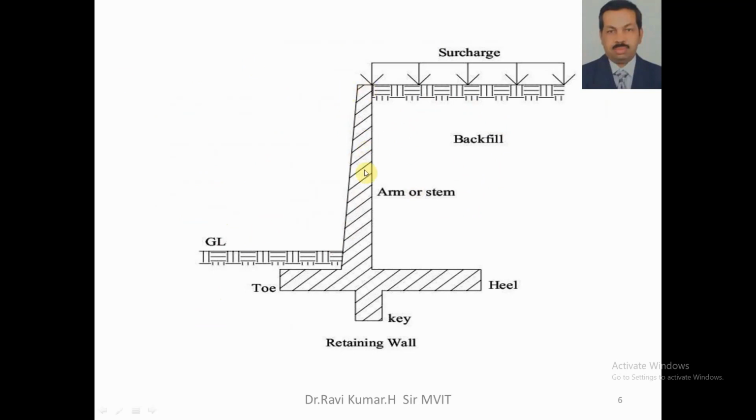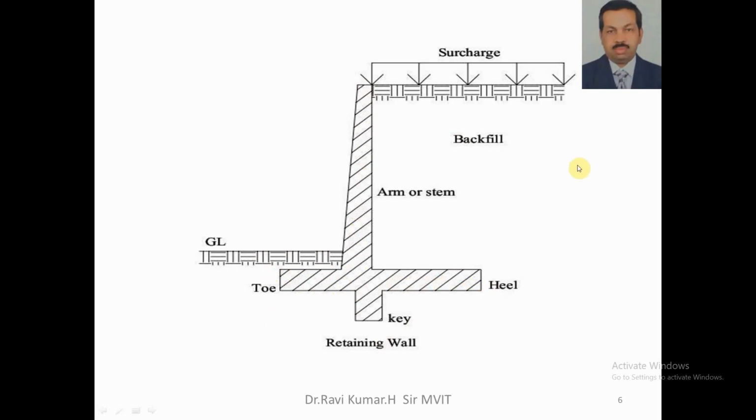Hence this wall is constructed here. This wall is called a retaining wall, and this part is called the stem. This part is called the base slab, whose front portion is called the toe slab, and the backside portion of this base slab is called the heel slab.